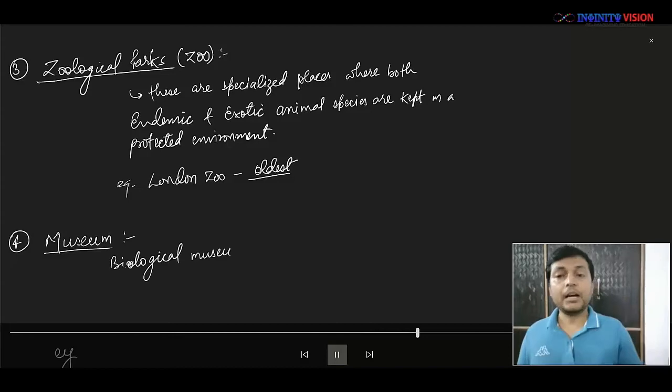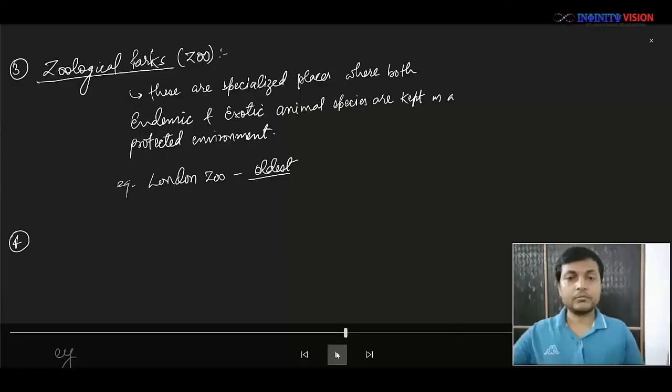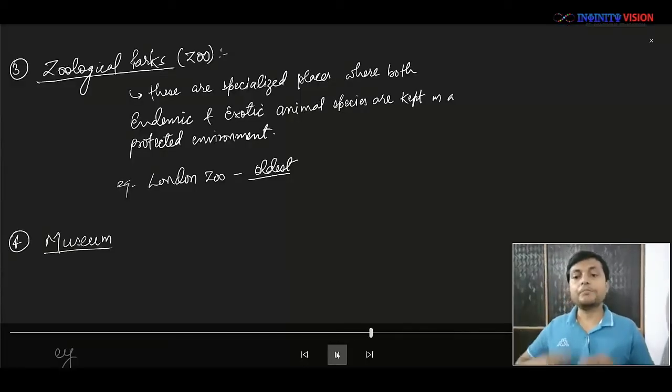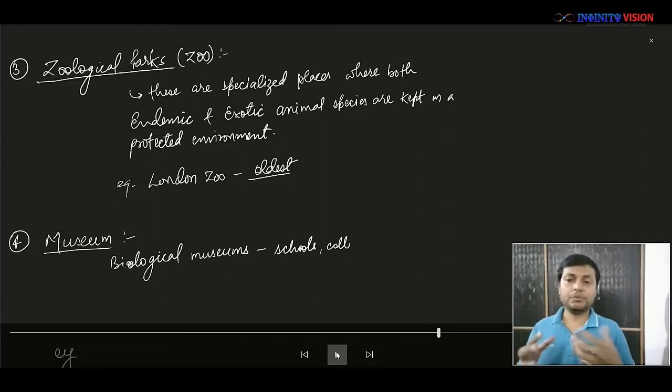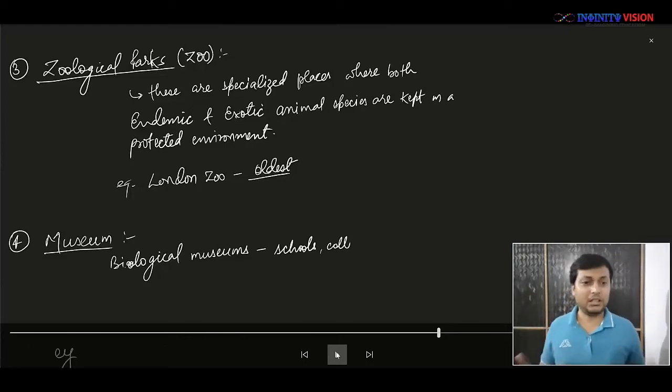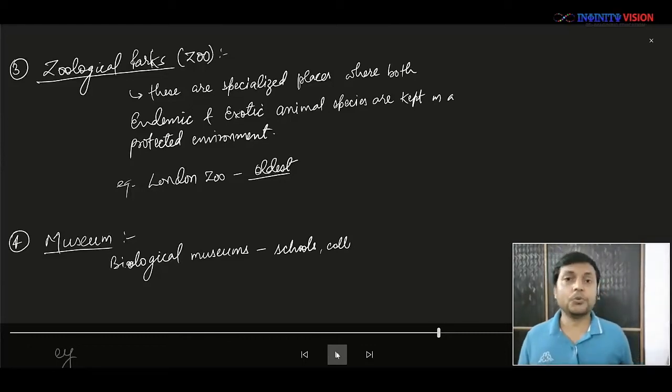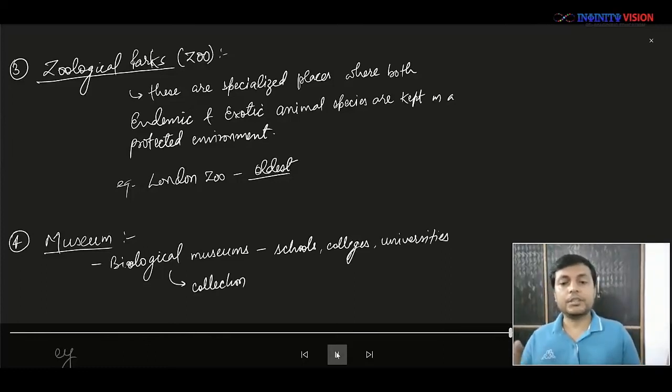Okay, now apart from zoological parks, museums are also one of the taxonomical aids. Now, what do we mean by museum here? Here we mean the biological museum. Okay, now again the question is, what are biological museums? Well, if you go to a school or college or university, you will find that they have a collection of preserved plant and animal specimens.